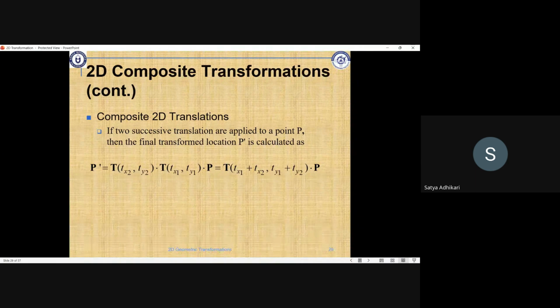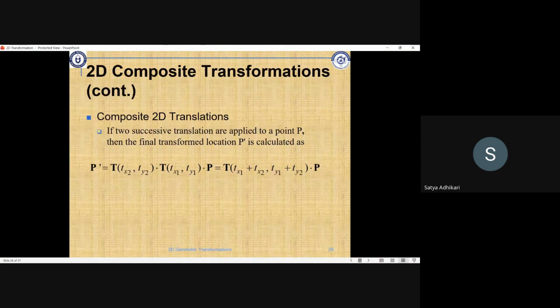P dash equals Tx2 Ty2 dot Tx1 Ty1 dot P, which equals the matrix where Tx1 and Tx2 are added, Ty1 and Ty2 are added, then dot P. That is, two translation factors are added.